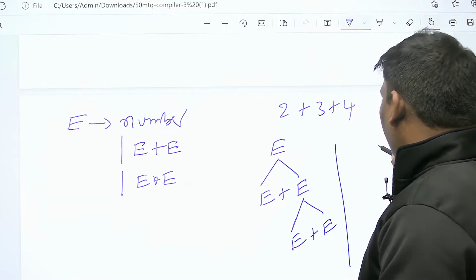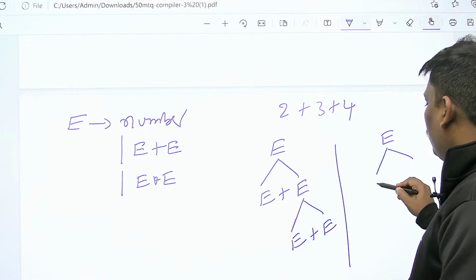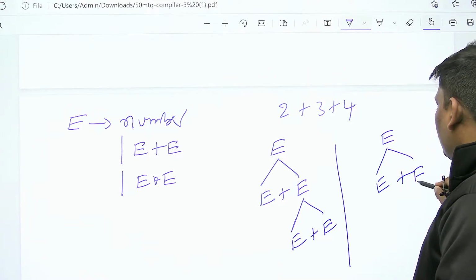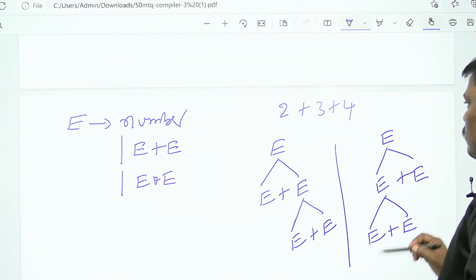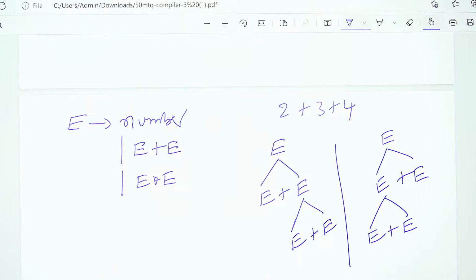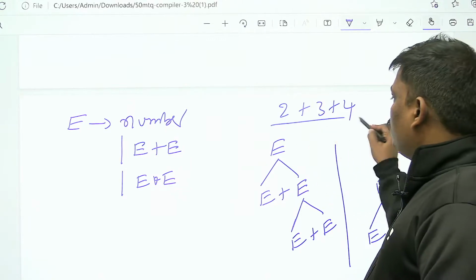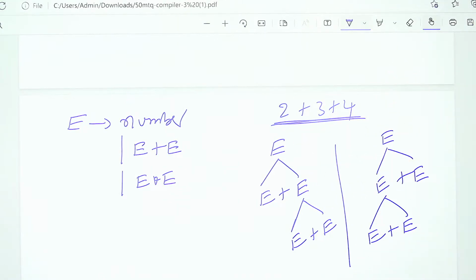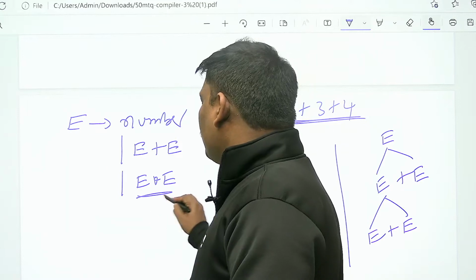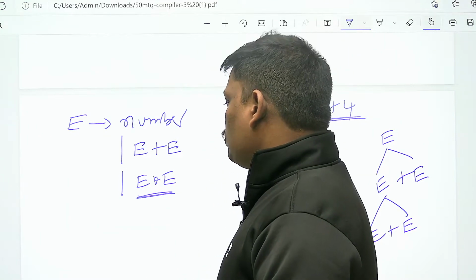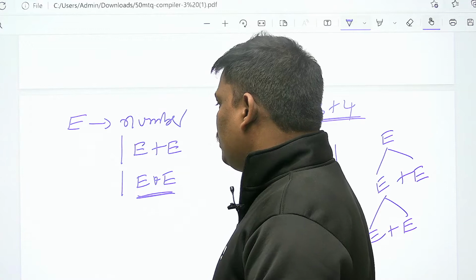This is one way, and this is one more way: E goes to E plus E, I can expand left also, E plus E, giving 2 plus 3 on the left. So 2 parse trees are possible. So the given grammar is an ambiguous grammar. Careful. Not only for this particular input string, I think where 2 stars are there, then also there is a problem.